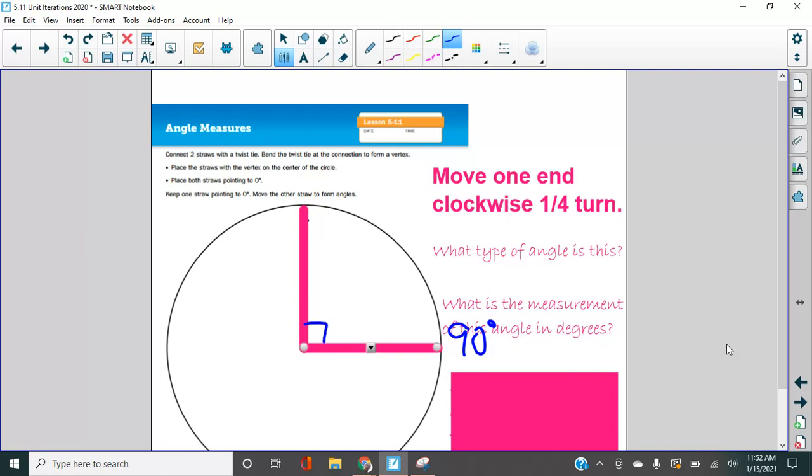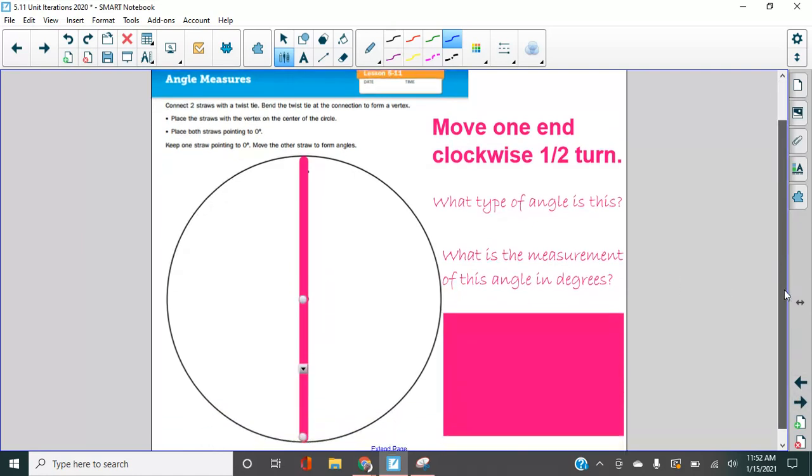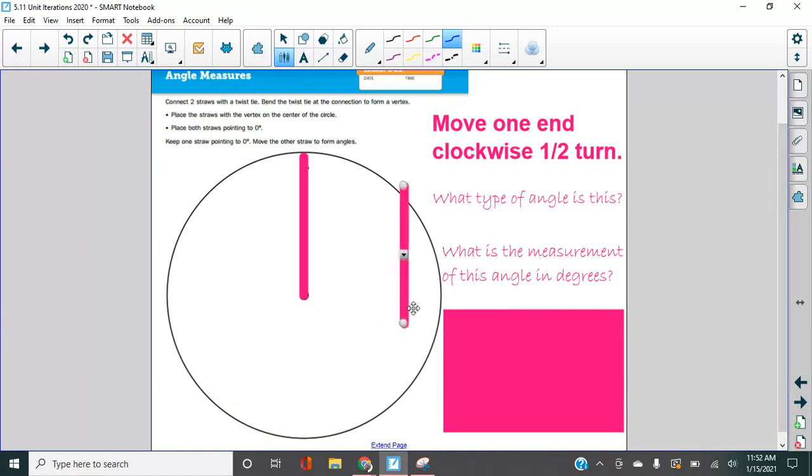Now let's turn some more. We're going to make a half turn. I was at my 90 degrees. I went from 0 to 90 degrees, and now I'm going to go halfway around.